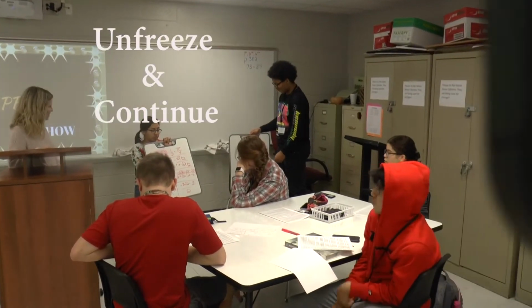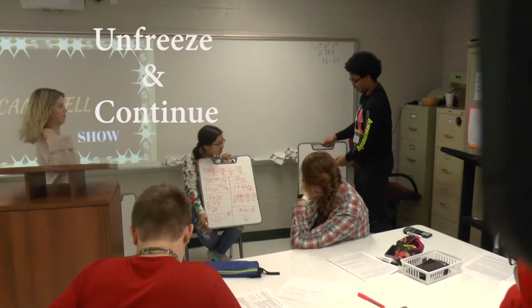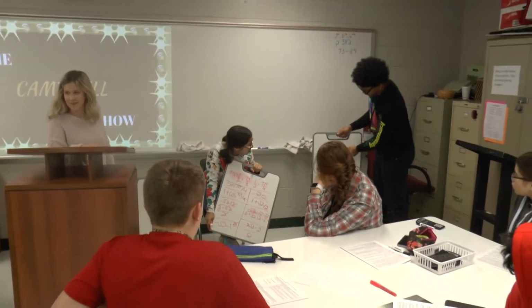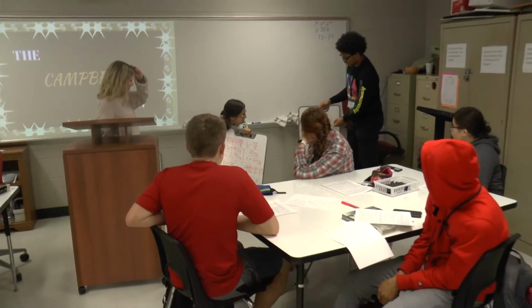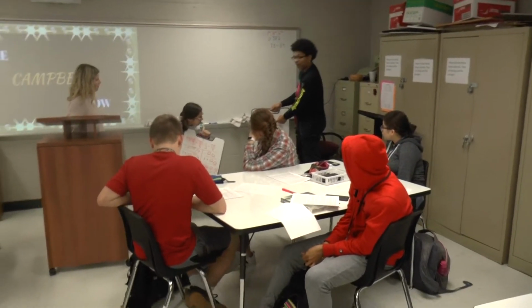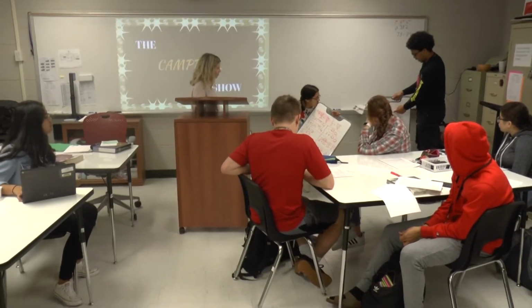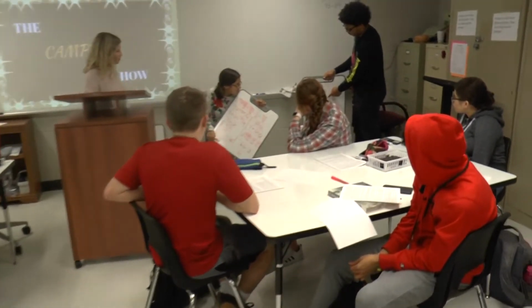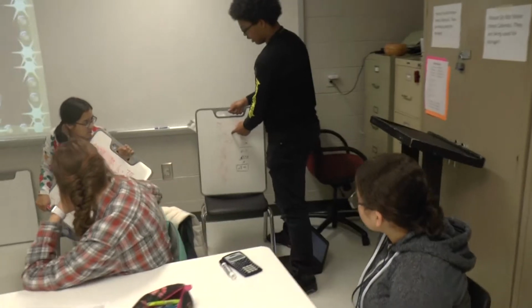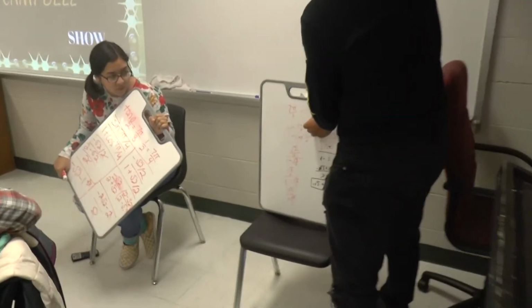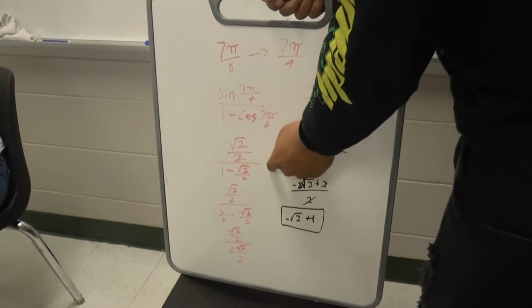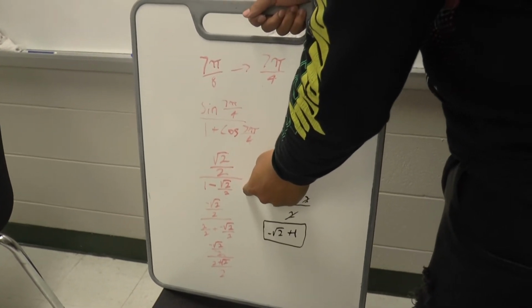Okay, continue. Okay, so now that we have an angle, we can plug it into the equation, which I used: the sine of an angle over 1 plus cosine of an angle. So once we plug it in, we have sine 7 pi over 4 over 1 plus cosine 7 pi over 4. Then you turn it into -√2 over 2 over 1 minus √2 over 2.